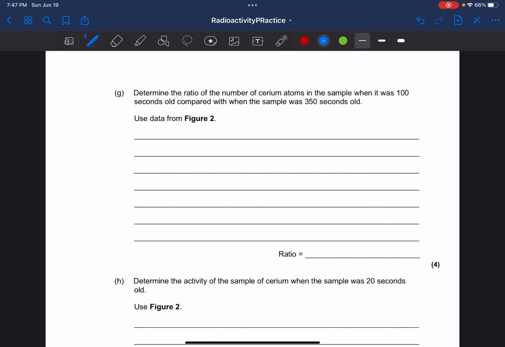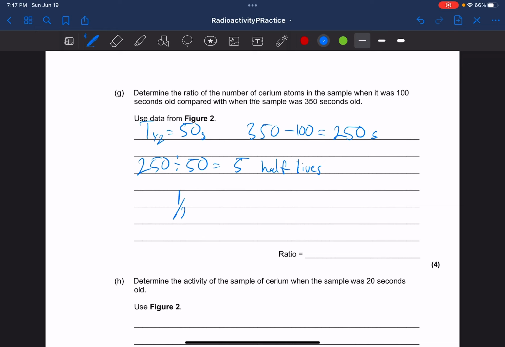So, T 1/2 is 50 seconds. 350 seconds minus 100 is 250 seconds. 250 divided by 50 is 5. Five half-lives. So, what is the ratio?